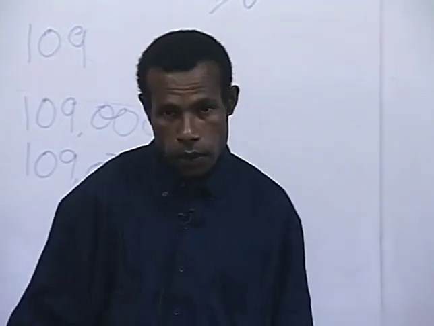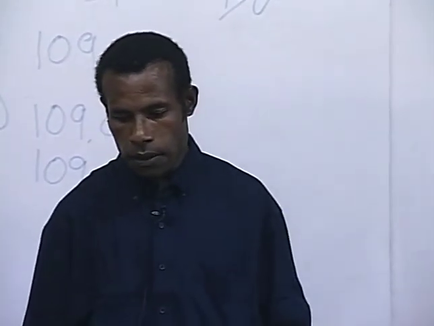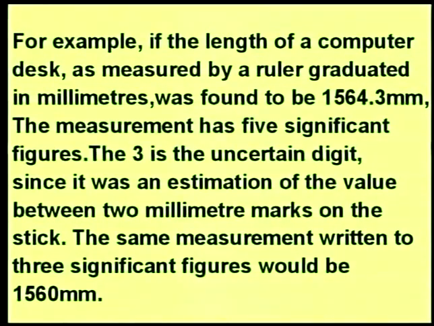All right, you are given one example. If the length of the computer desk was measured by a ruler that is graduated in millimeters, you find that it has a value of 1,564.3 millimeters. The measurement has how many significant figures? All right, it has 5 significant figures.